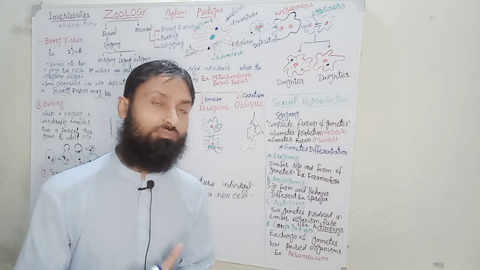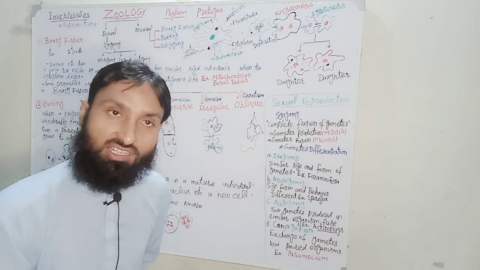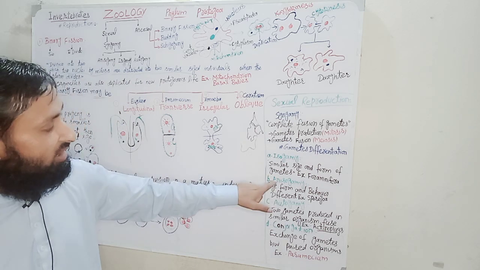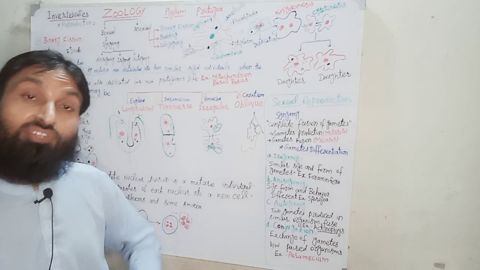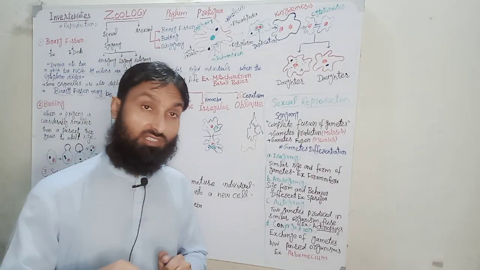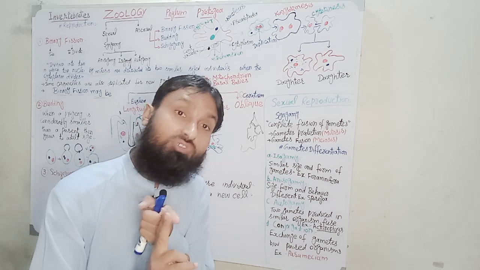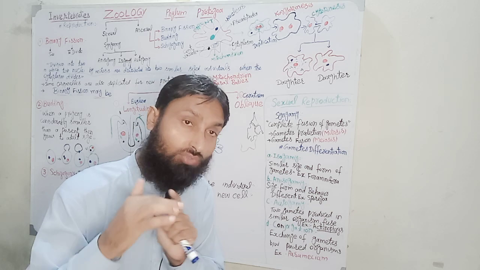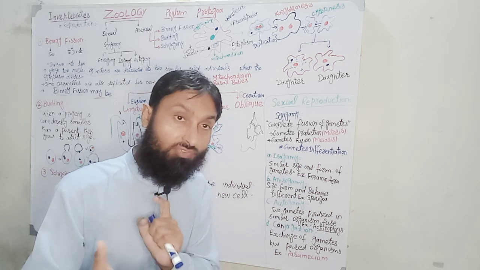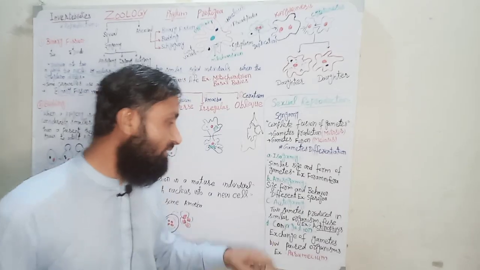Male gamete is motile and is small in size, and female gamete is immotile and large in size. Due to these two reasons, size and behavior of both gametes are different. It is called anisogamy.